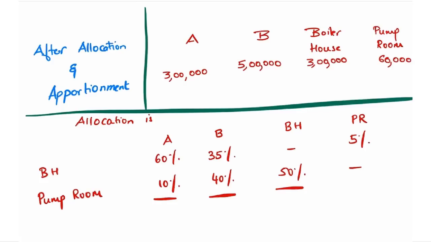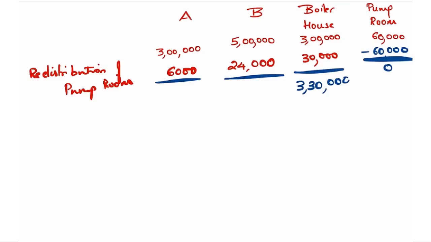So let me focus on this 3,30,000 into 60%, which will be redistribution of boiler house, that will be 1,98,000.